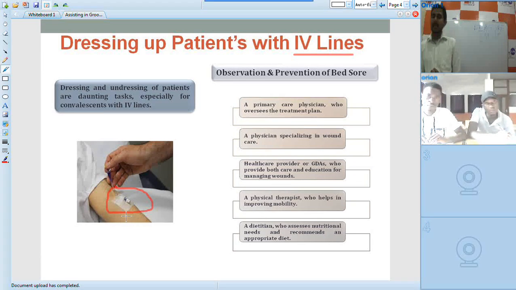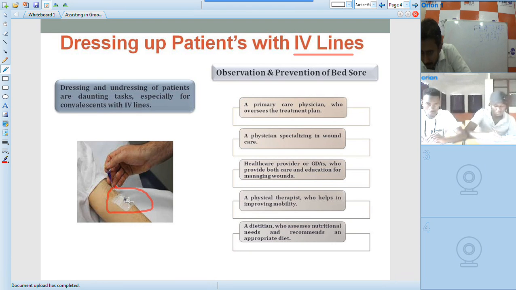An IV line is a set of a needle and the IV set which is inserted in the veins of the patient for giving various injections or salines during the treatment. You can see here, this is a small IV set which is inserted in the vein of the patient.